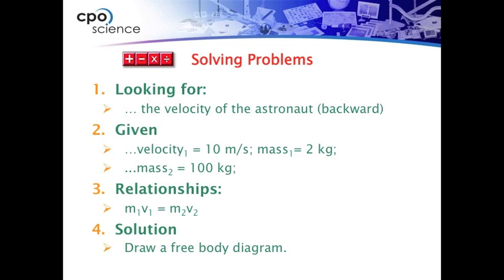Therefore, the momentum of the wrench should equal the momentum of the astronaut, just with different signs, because the wrench moves left and the astronaut moves right, and they should cancel out and become 0. Therefore, the momentum of the wrench is negative 10 times 2, so it has a momentum of negative 20 kilogram meters per second. What does the speed of the astronaut have to be in order for its momentum to be positive 20 kilogram meters per second?